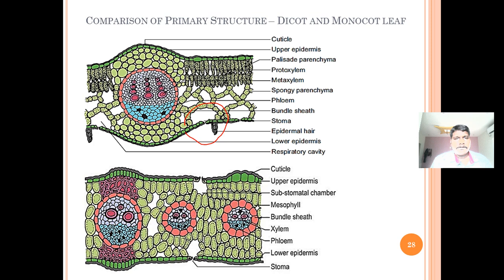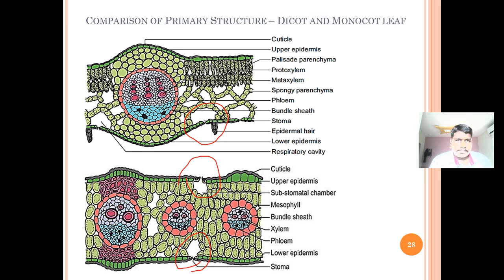But here, in the upper epidermis as well as the lower epidermis, you may find stomata, which are mainly involved in transpiration. Next to the epidermis, cutin is present in the upper epidermis, here also.